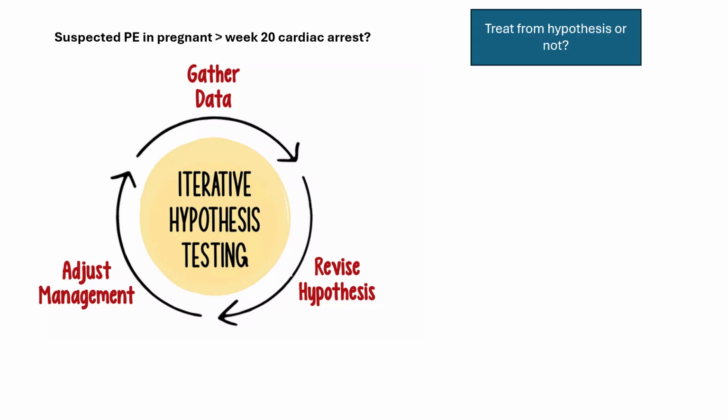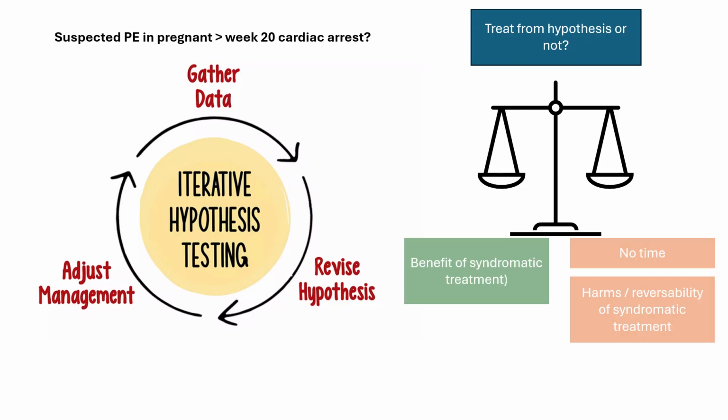And as we talked about treatment from hypothesis or not, should we treat or not? What are the risks? Or if we're not treating, what is the risk of not treating? The risk of not treating is that you have no time. You need to treat the patient before they go into cardiac arrest.